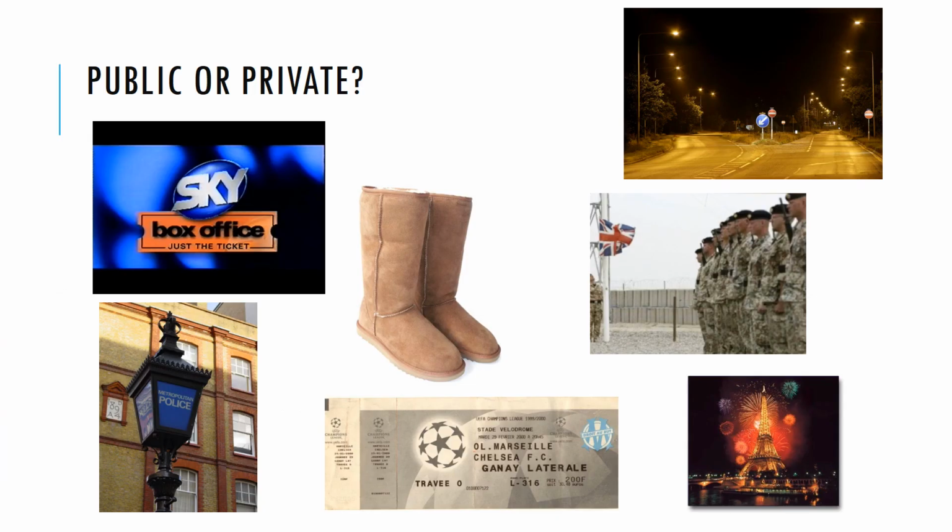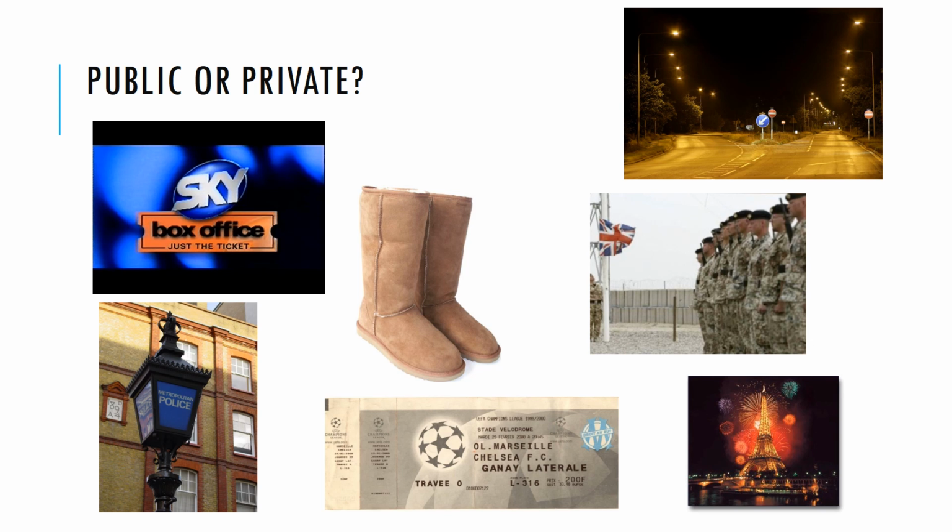So let's have a look at some examples here. We have a number of different products and services, and we're going to go around and see whether we think they're private goods or public goods. Let's look at this first one in the top left-hand corner, a Sky box office production, for example a movie or a boxing match that's being streamed just on this particular channel. Well, let's use our two characteristics. Is it non-rivalry?